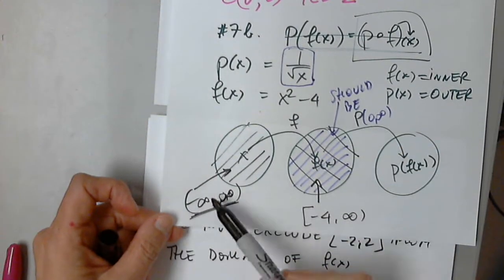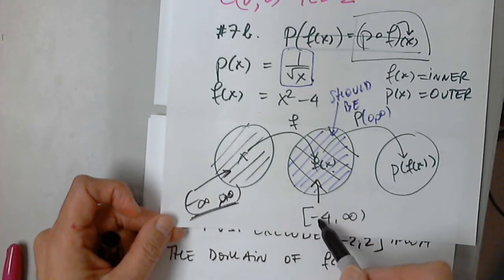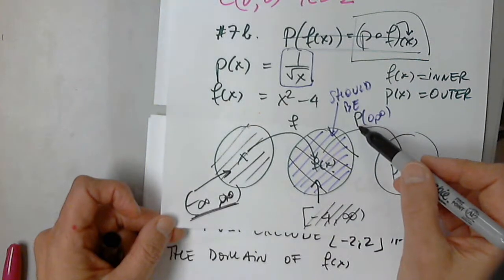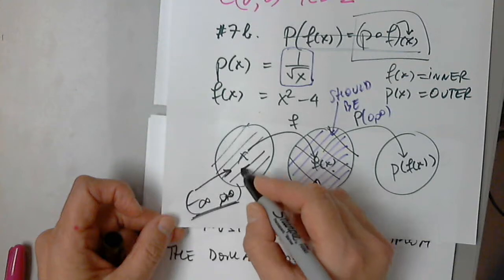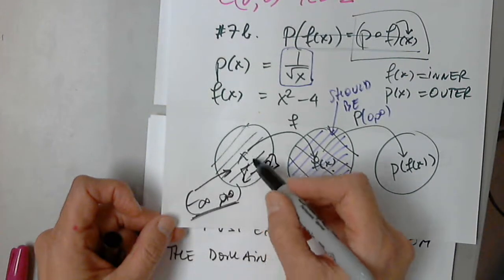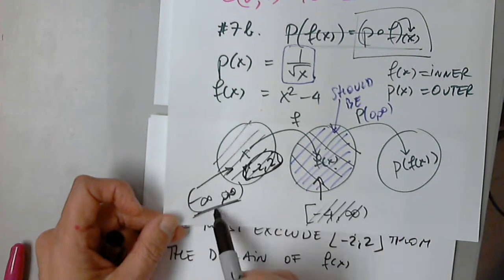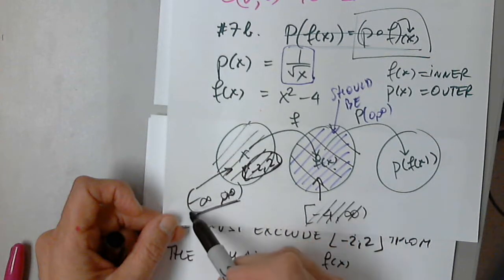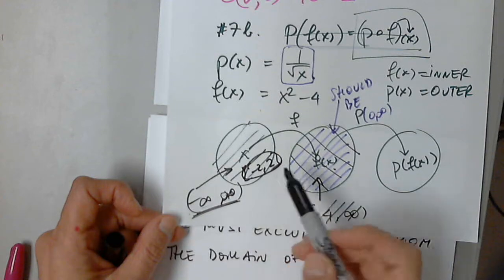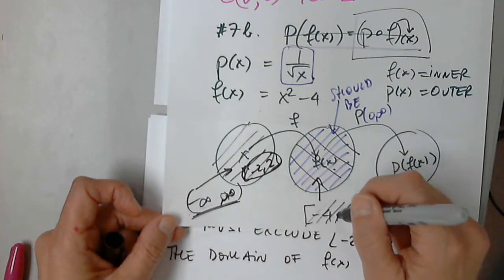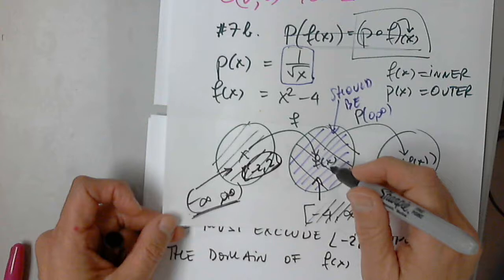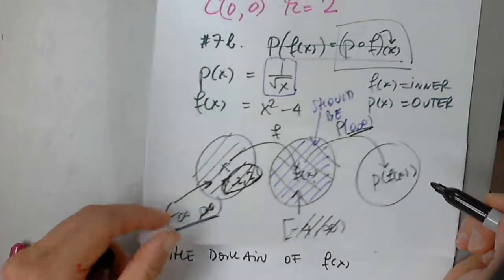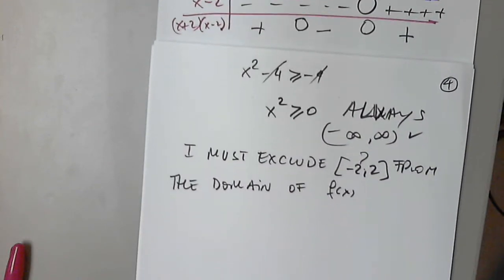F applied to -2, 2 will bring here numbers from -4 to 0 that do not work for p. But if I exclude -2 to 2 from here, it's out. Then anything you apply f to, from -infinity to -2 union 2 to infinity, will never bring -4 to 0 here. It will only bring guaranteed 0 to infinity. And that's the domain of p. And that will be the domain of the function composition.